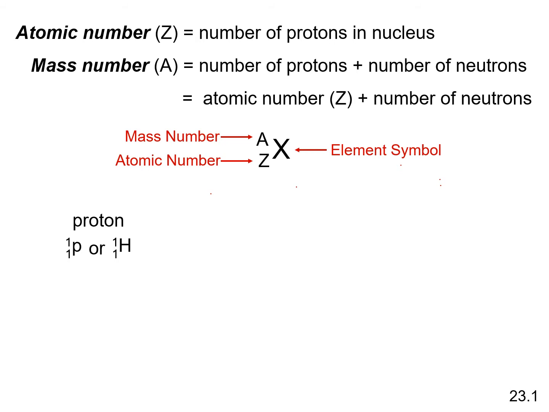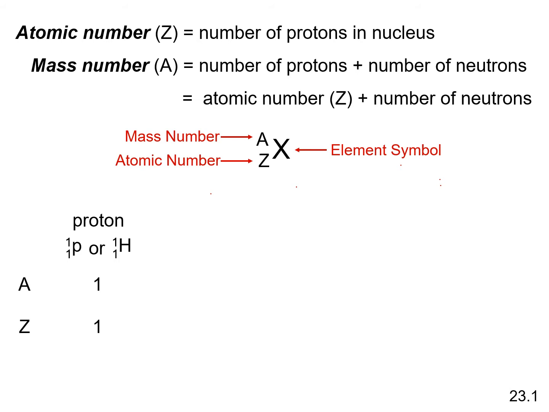Some symbols here for the proton, that's basically the symbol of the hydrogen, the symbol 1 1. The simple hydrogen is the only element or atom that has a single proton and no neutron. The rest have protons and neutrons.